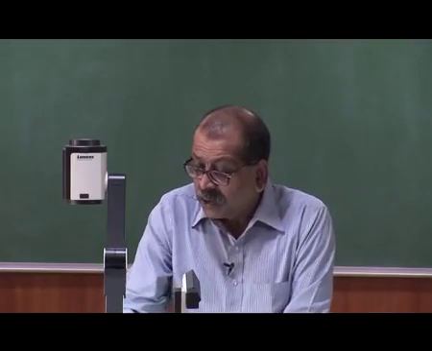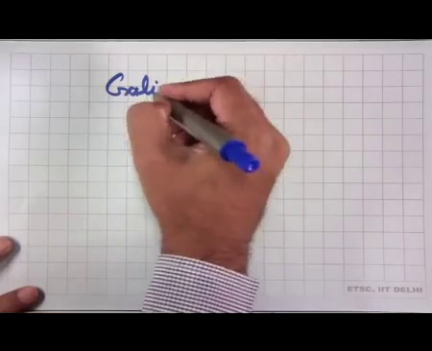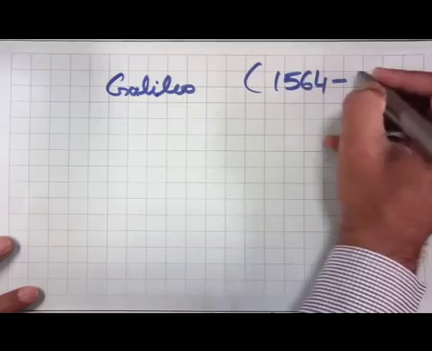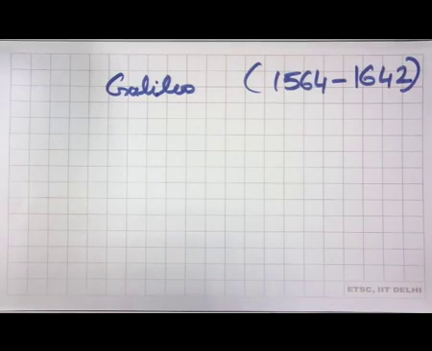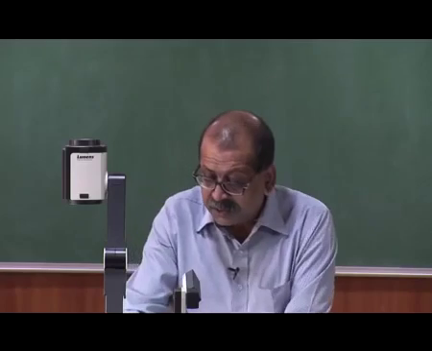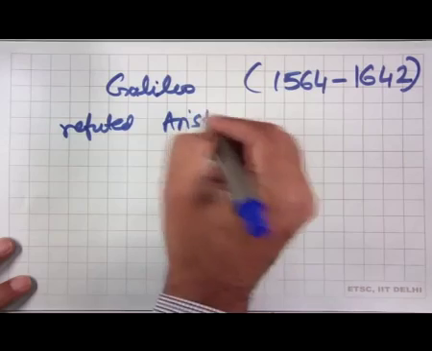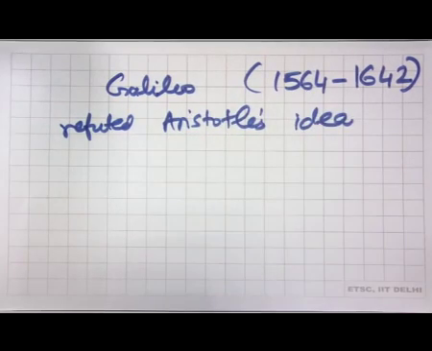Then it was Galileo, who was from Italy, from 1564 to 1642, who first observed this, and he refuted Aristotle's idea.